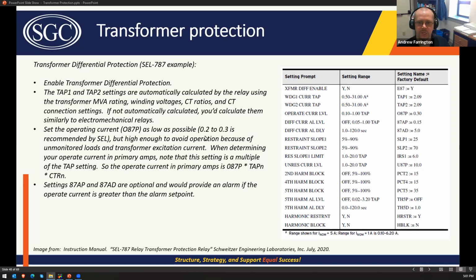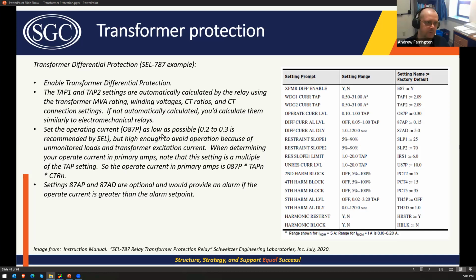Then we need to set the differential operate element. Like Brandon had said a couple classes ago, as it relates to the bus differential operate quantity, somebody asked about the safety factor and why he used 1.5 in his application.